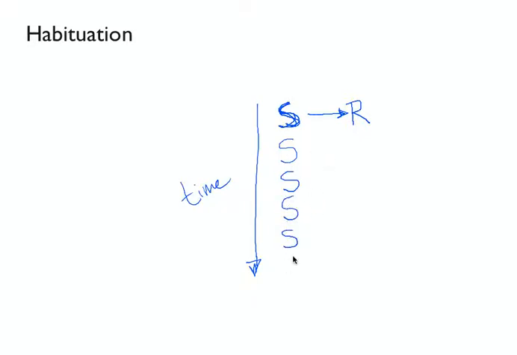Try to make those S's about the same size to signify that they are of the same intensity. What we would see with some of the behaviors that I described as examples is that the response becomes weaker and weaker, and eventually you may not even see it.